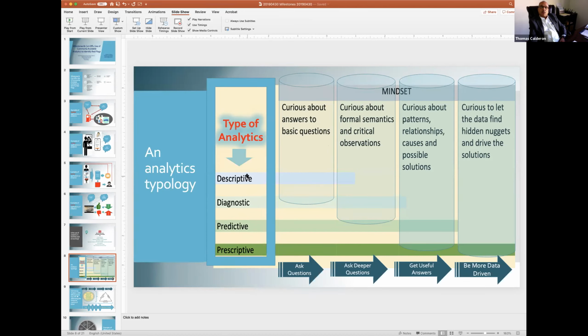However, what you do with your analytics tools or what you do with your analytics capacity really has to do with the mindset of the business. So someone or an entity might be curious about just basic questions. For example, a basic question might be, what is the average size of each warehouse that we have, size in square feet?